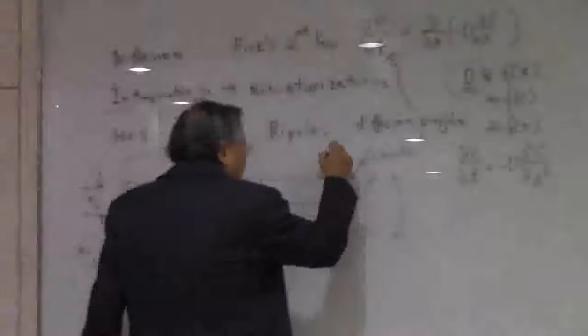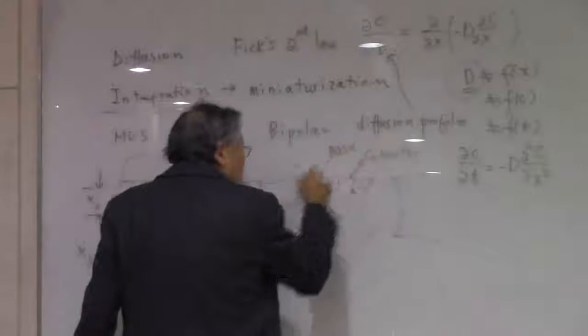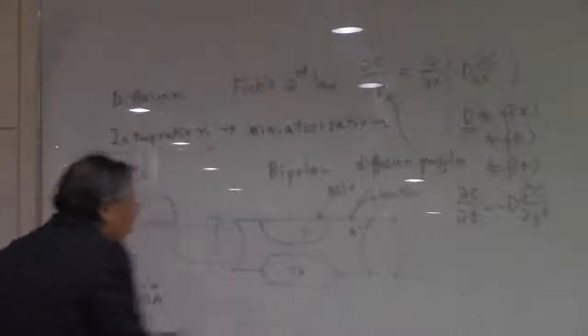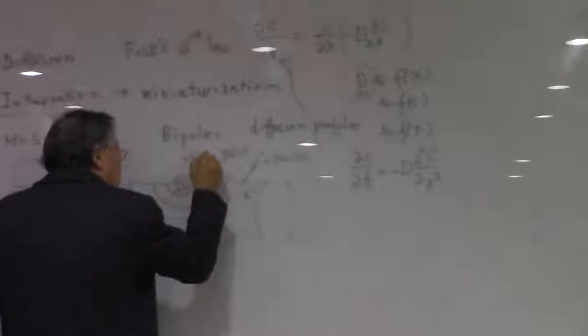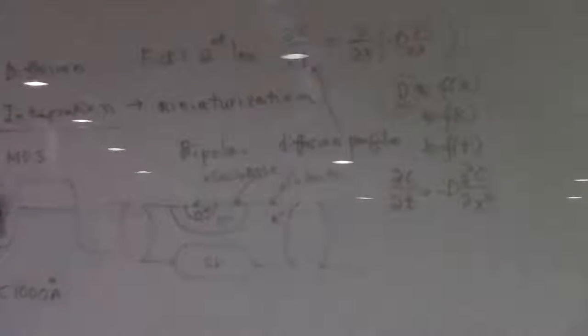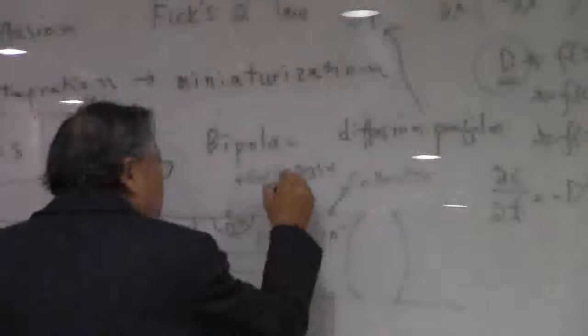And this is the base, a P minus, and we should make a diffusion of N plus here, and that is the emitter. Okay. Emitter. Okay.